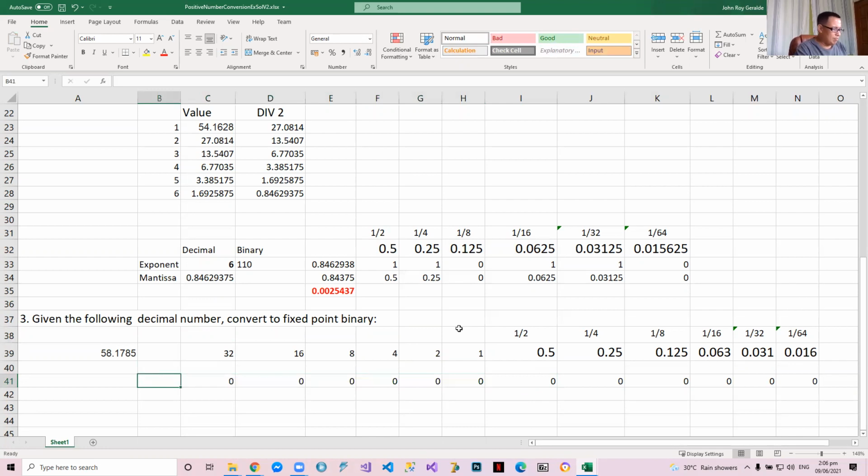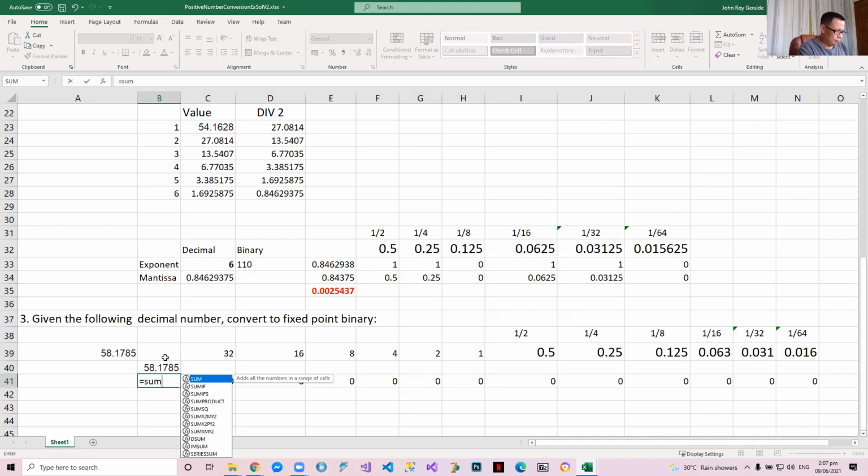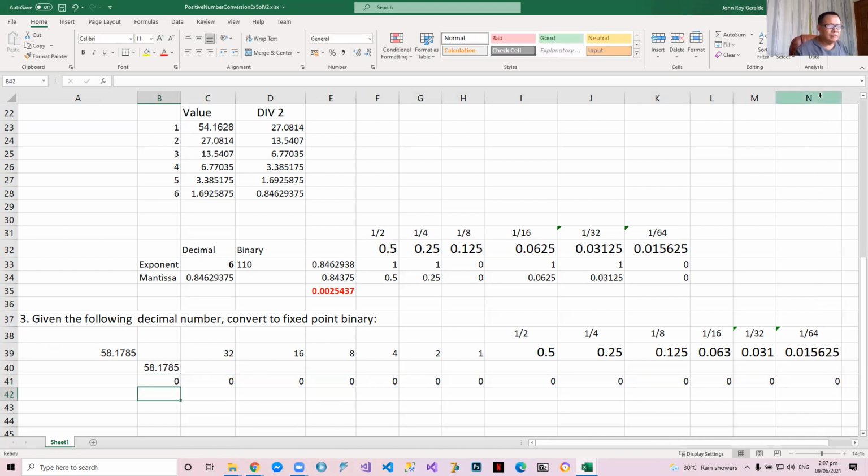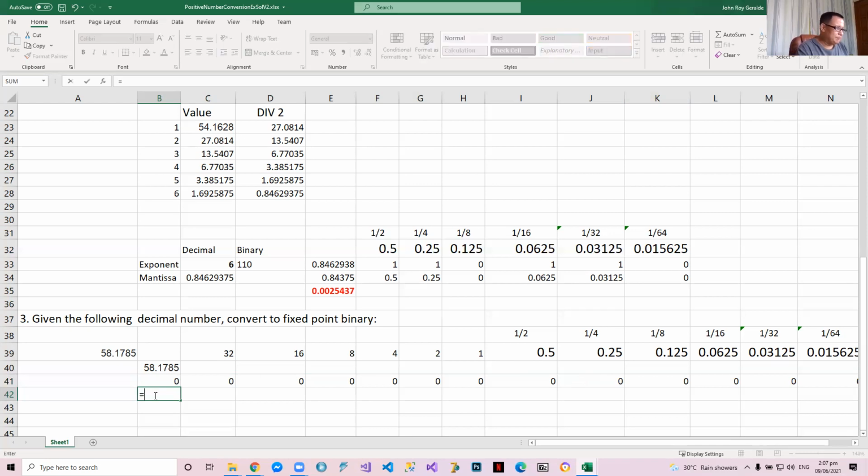Okay, and then we'll sum. You follow? We'll sum this, just here. And then we'll sum all of it. Then we'll have to expand this so we can see the actual number. Okay, do you follow? And then we'll minus. And then we'll turn this red and bold.